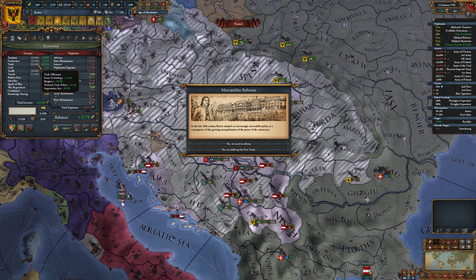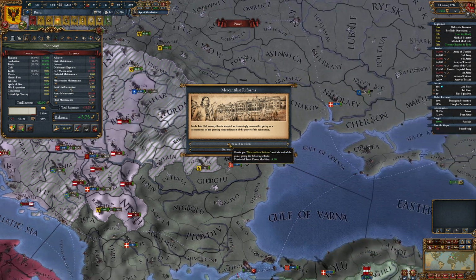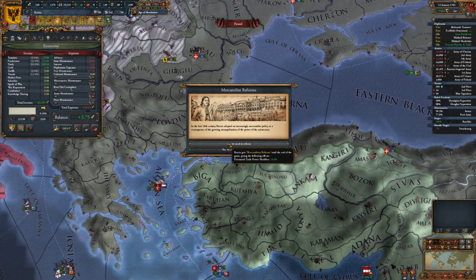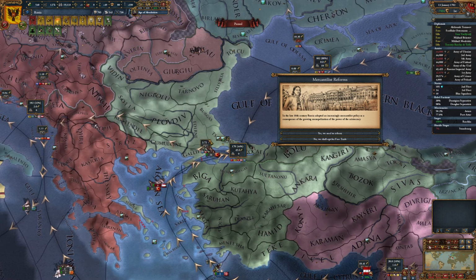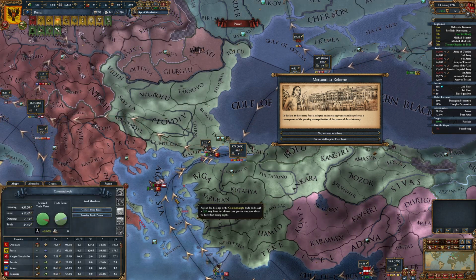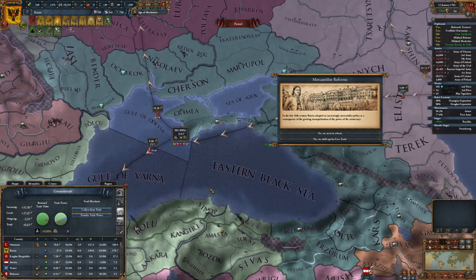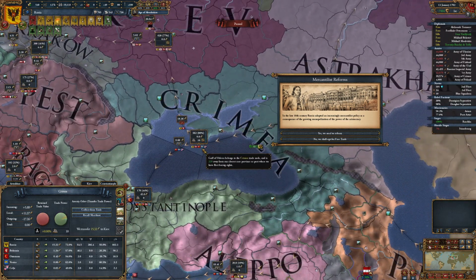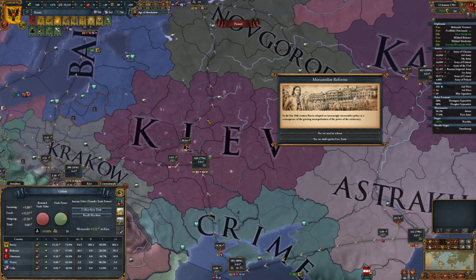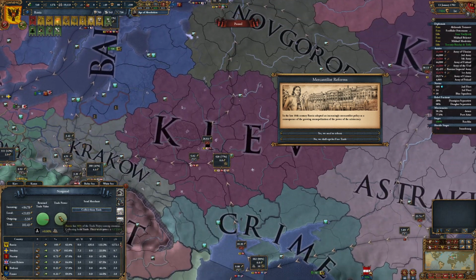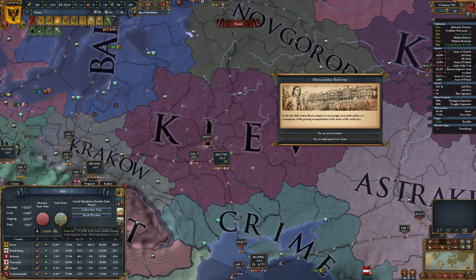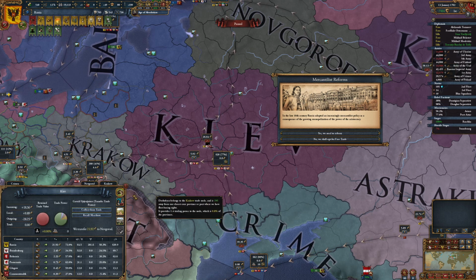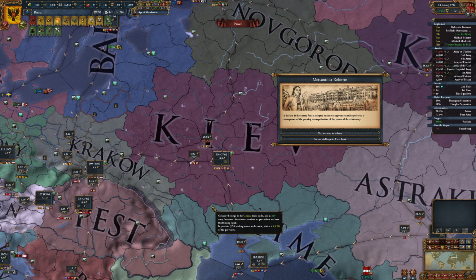I'm not 100% sure. What to take from this is that the provincial trade power modifier is going to, in every trade area, increase how much money we can take from there, whether it's transferring or collecting or whatever. We are going to have more trade power in that particular area, because every single province is going to add their weight.